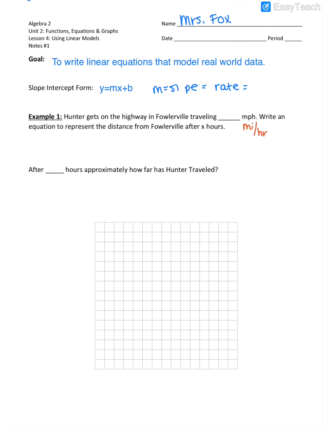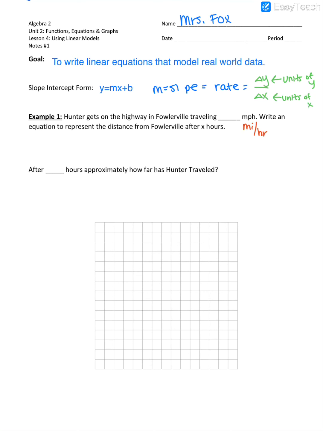Because your slope is found by your rise, your change in y over your change in x, your rate is going to be the units of y over the units of x. So your slope actually will tell you what the units of your y-axis are going to be and what the units of your x-axis are going to be.